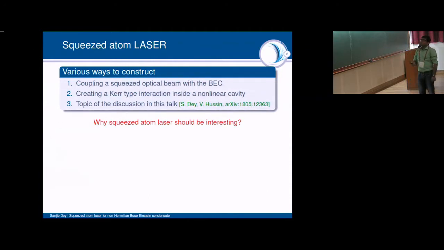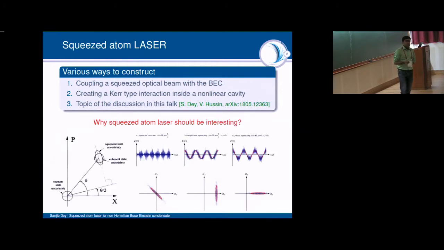But the question that should arise at this point is, why should a squeezed atom laser be interesting? We have many talks in this conference from the quantum optics perspective, and we know that squeezing is very important in optical cases. For instance, it can reduce the noise in optical communications, as shown in this figure, because this elliptical one is squeezed and the circular ones are coherent.